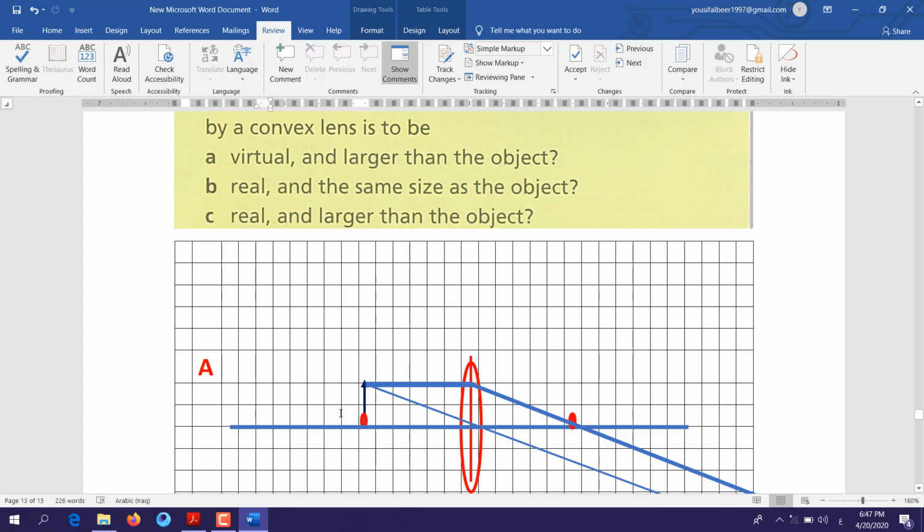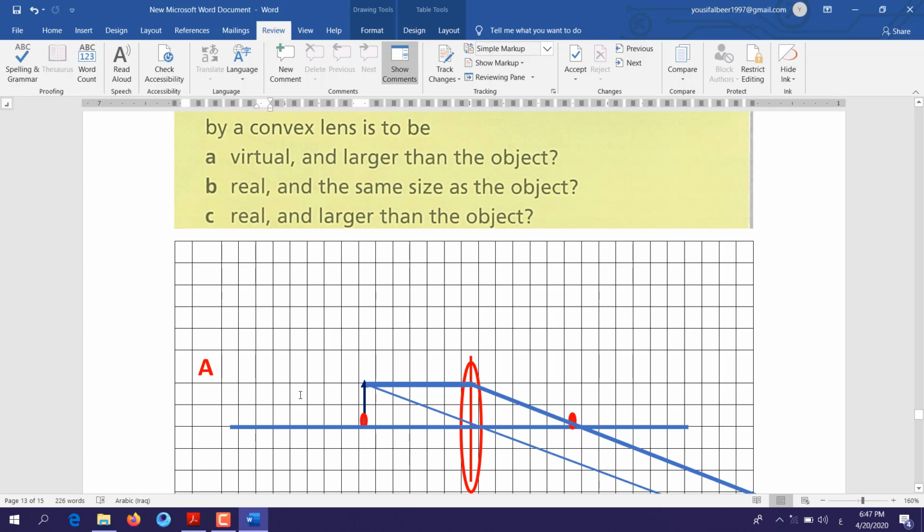Now it should be larger than the object. Focus on the answer for B, on what I said when I was explaining B, then you can find the answer.